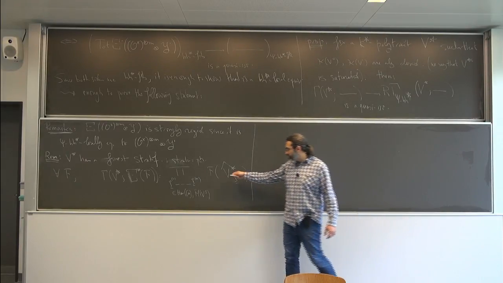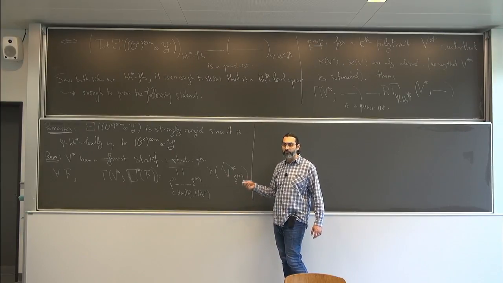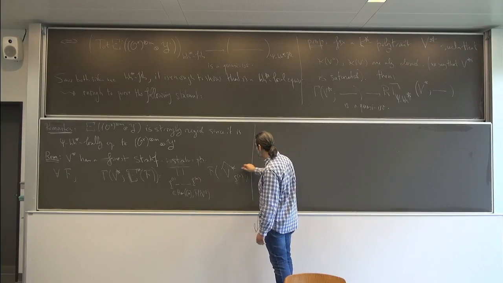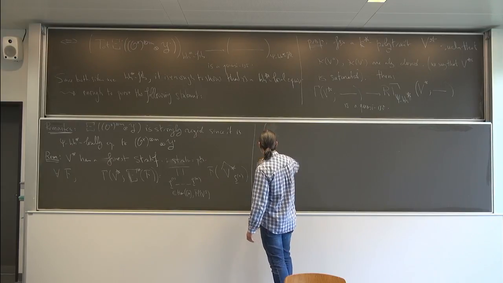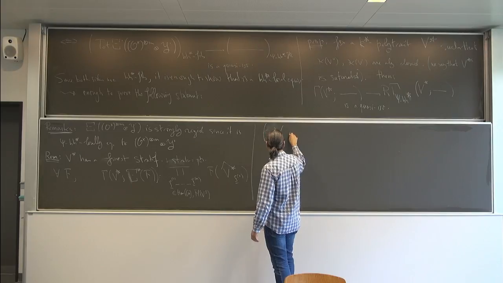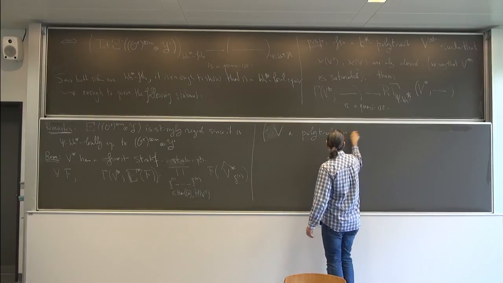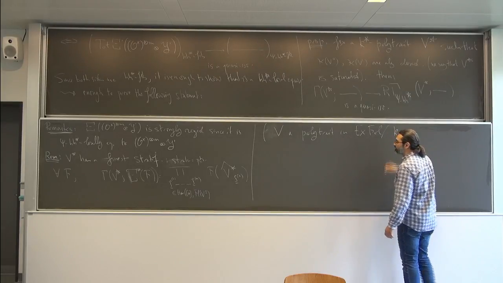So you have to write V as a limit of stratified affine foliations, and then do this at each level. Should I write it down? Okay, so maybe just a parenthesis. Let's take V a polytre in this category.